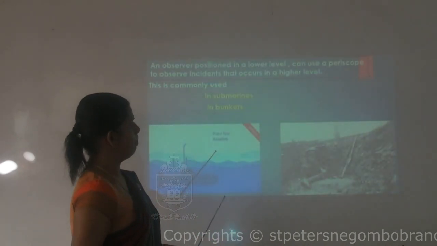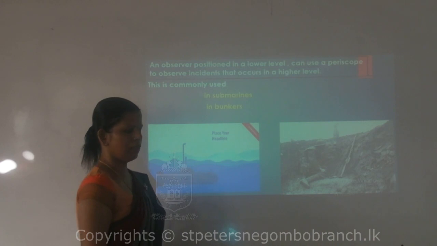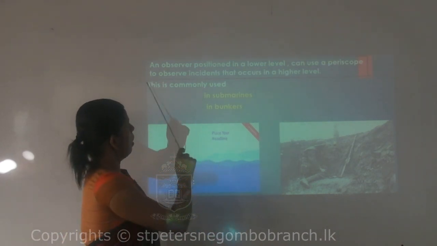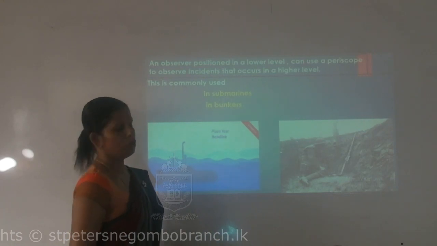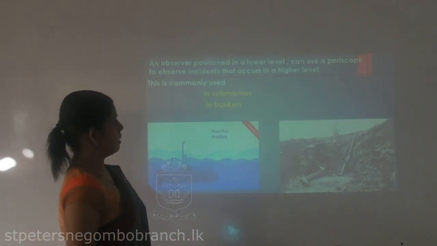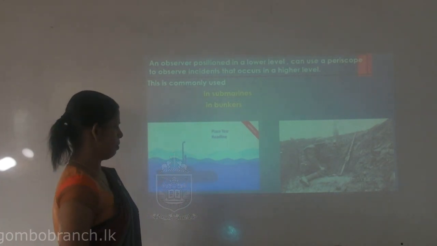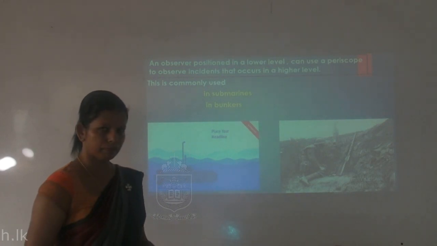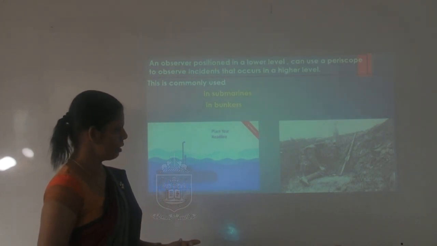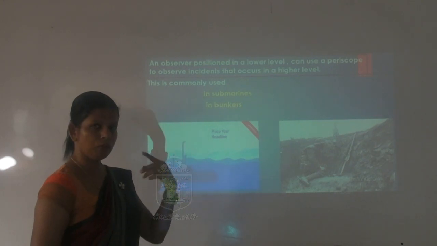A periscope can be used by an observer in different situations. An observer at a lower level can use a periscope to observe incidents that occur at a higher level. In the submarine, we can use the periscope to observe the things around that area.